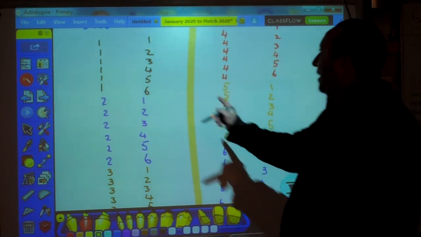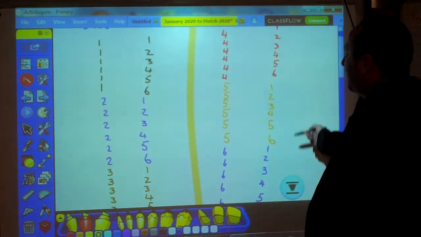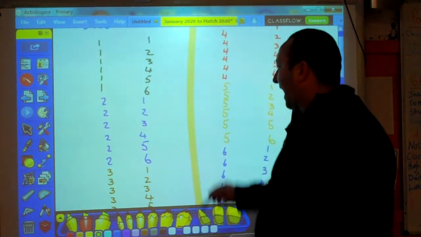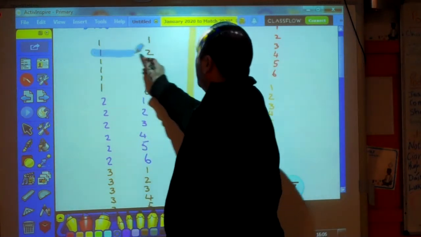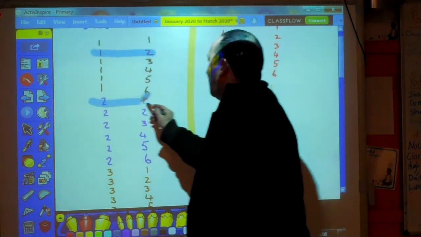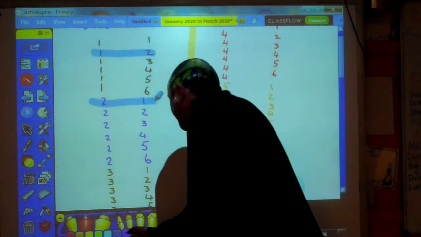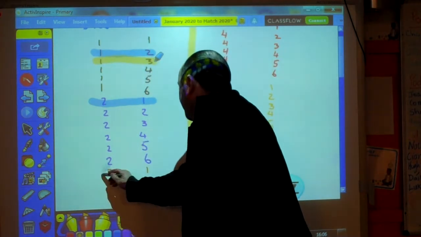So we found out you could get a 1 and a 1, and a 1 and a 1 doesn't turn up anywhere else here at all. Then we found we could have a 1 and a 2, and then we said, aha, wait a minute, a 1 and a 2 could also come out as a 2 and a 1. So we're repeating that combination. We said then that maybe a 1 and a 3 could come out as a 3 and a 1.